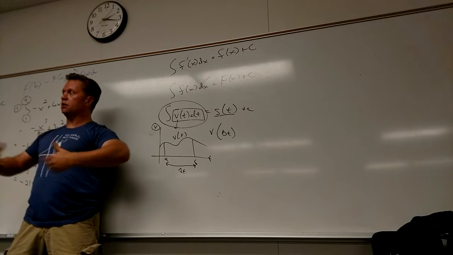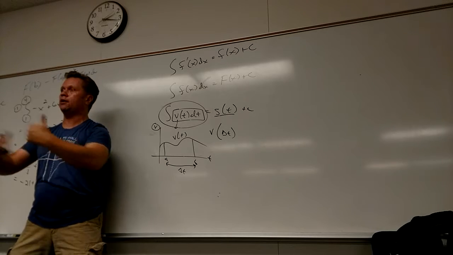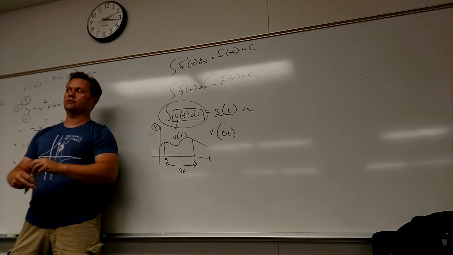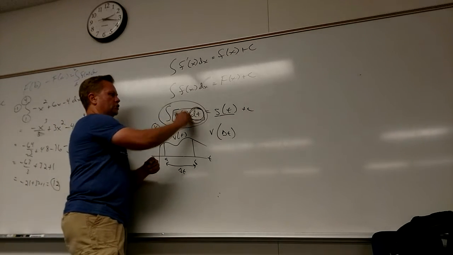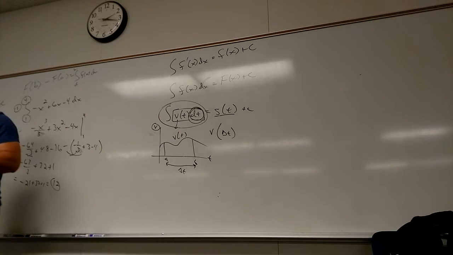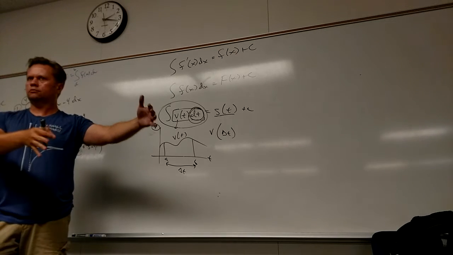It undoes that division and gives you back what delta y was. It undoes that division by x. It's multiplying by that change. So that's just another reason why it makes sense that this thing that's built off of areas should be related to the antiderivative.